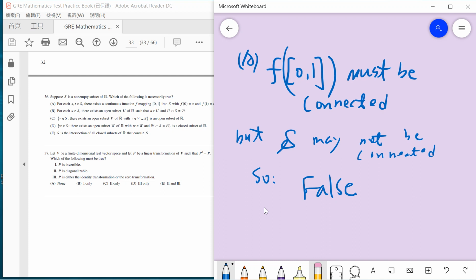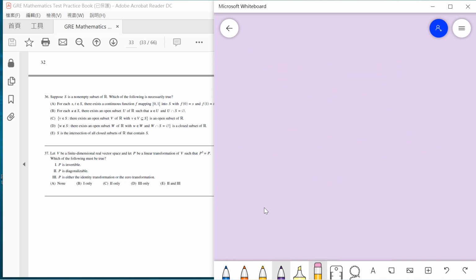B: for each U, there is an open subset such that U intersection S is empty. Is this correct? Definitely it is false.